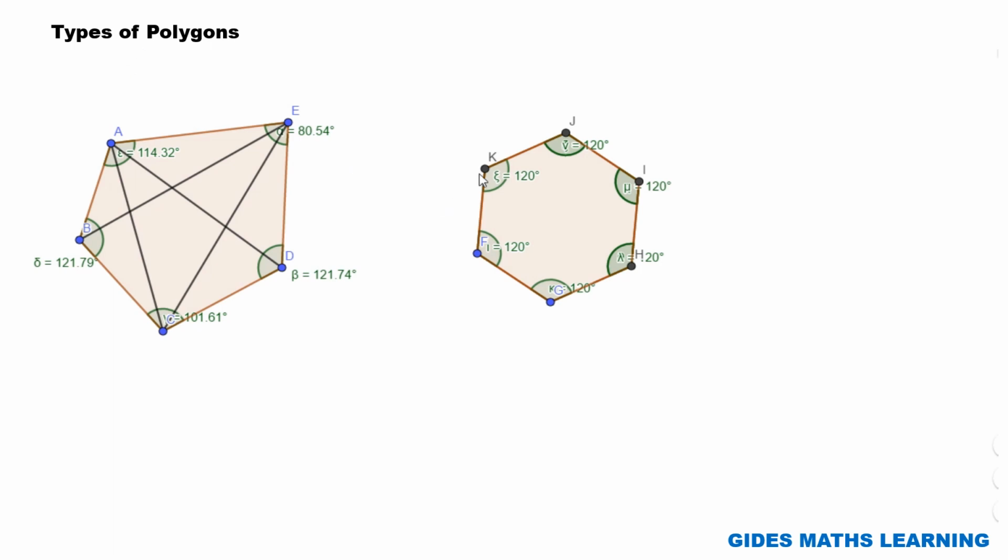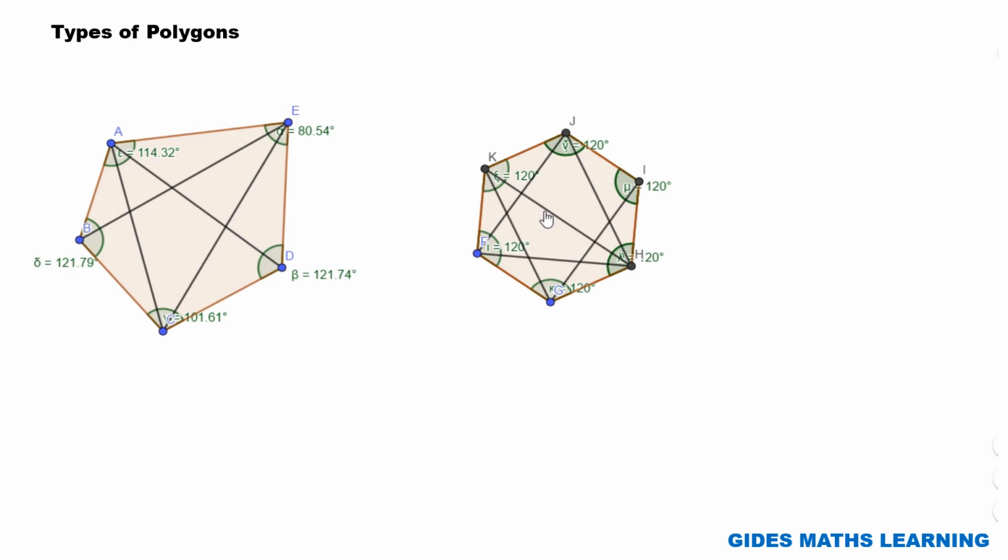The same thing can be applied to the hexagon. Diagonal from here to here, from here to here, from here to this point, from this point to that. And so all the diagonals of these polygons are lying inside the polygon.